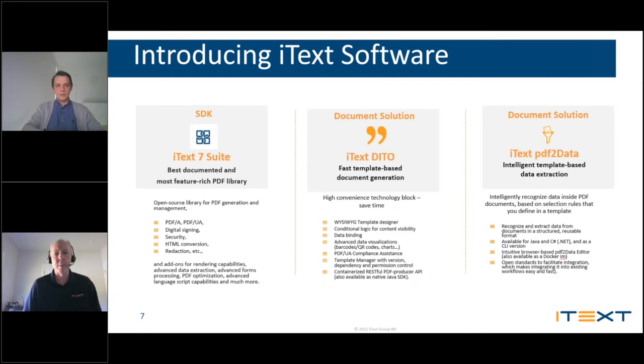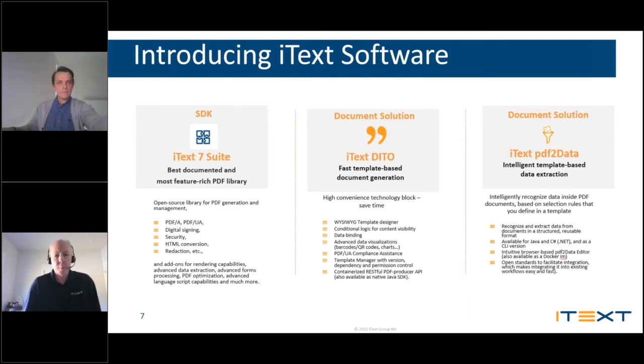This slide here is a bit wordy, but we'll get through it. What you see going from left to right, our core product is for developers. We call it iText Core, iText Core Suite. This is a feature-rich PDF library to create, manipulate PDFs from code, specifically Java and .NET code, with the whole slew of add-ons for archiving, user accessibility, digital signing, security, HTML conversion.